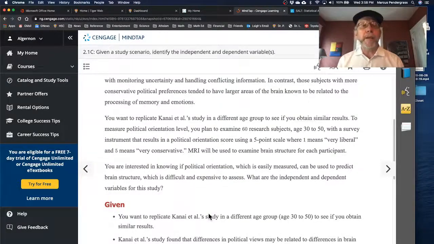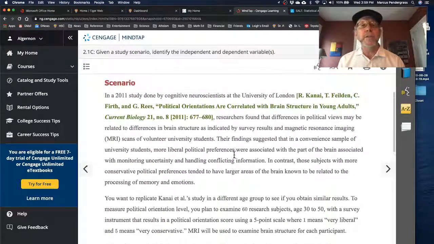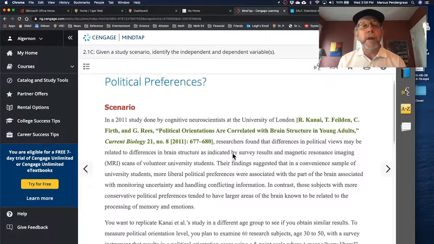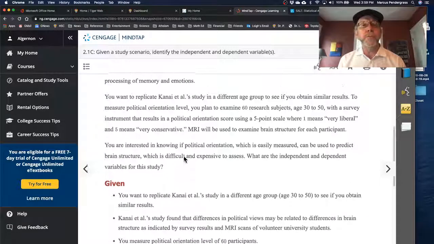So you want to replicate the study in a different age group to see if you can obtain similar results. Notice the subjects in this study were a convenience sample of university students, so college age students.